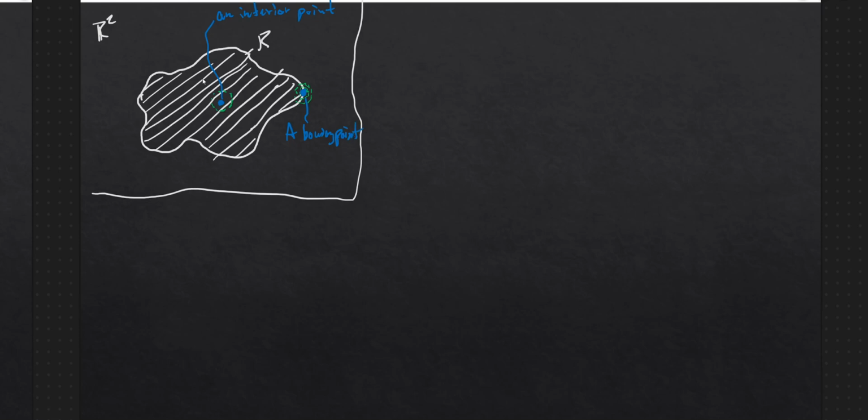Now this region that I've drawn, is it a closed or open region? Remember, open means it consists entirely of interior points. Every point in the region is an interior point. Closed means it contains all of its boundary points. So the only boundary points for this set are the ones enclosing the region.